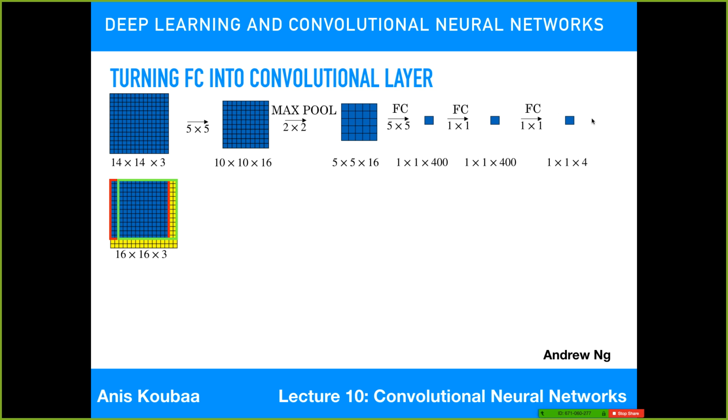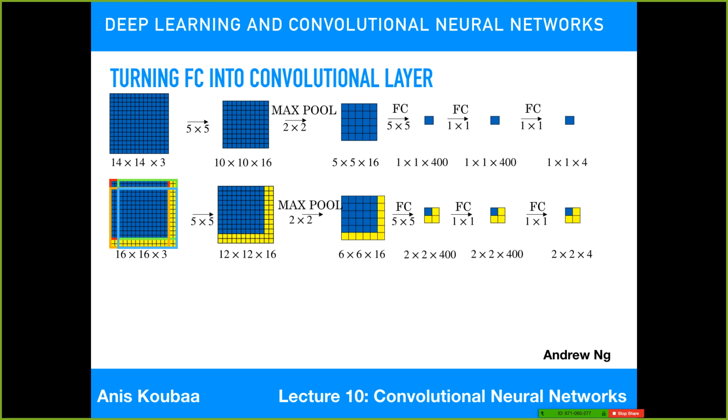Okay, imagine that now we have a sliding window. The sliding window will take the same size as the image of the classifier. And now I will take this part of the image. It will also result in 1 by 1 by 4. And then I will take this part of the image. It's going to result in 1 by 1 by 4. Because all of them are 14 by 14 by 3. So at the end, what will you have?